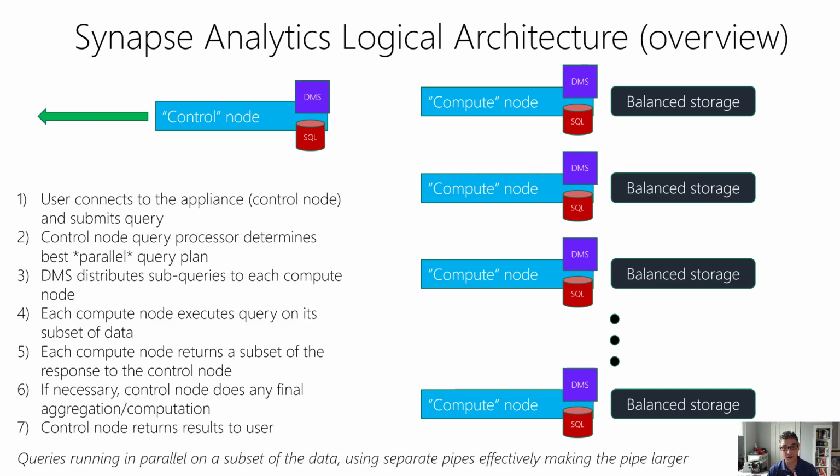And the end user is unaware of all this complexity that's behind the scenes on there. They just know about the control node. They think it's a regular SQL Server, but behind the scenes it's having these various compute nodes that you can continue to scale out to get extra performance, because you're distributing more of the queries among multiple nodes, which have multiple storage devices that they have pieces of the data.